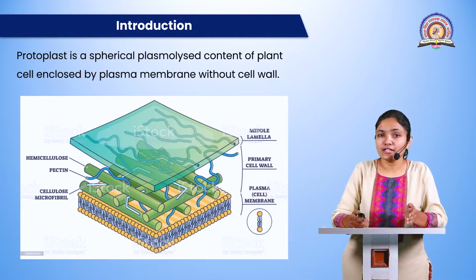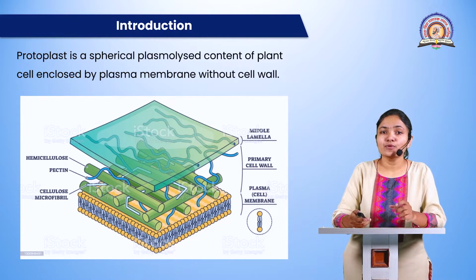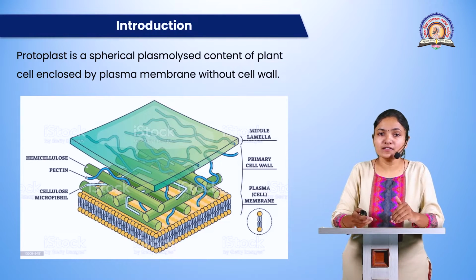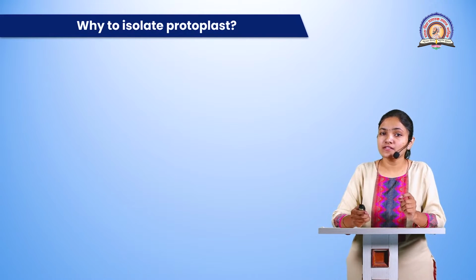So these cellulose and pectin together make up an interconnection and form a rigid coating, that is nothing but the cell wall. Now if we remove this outer coating, what will remain is the plasma membrane and the inner cytoplasm. This is our protoplast.